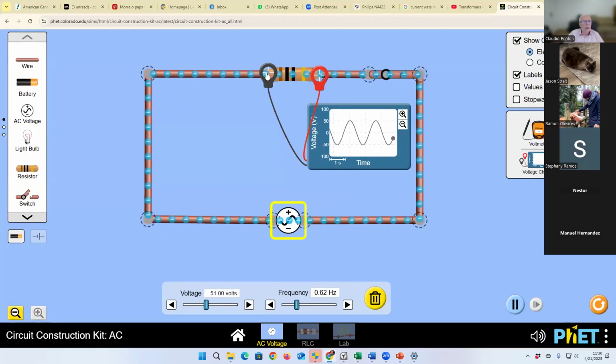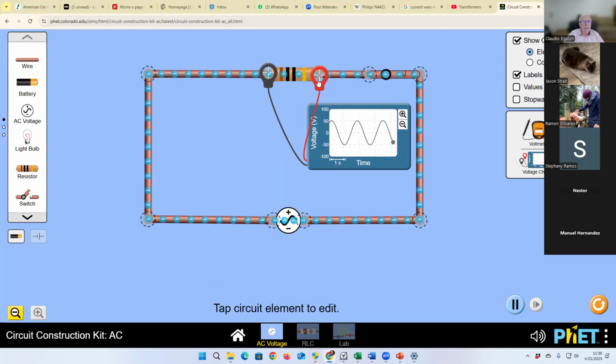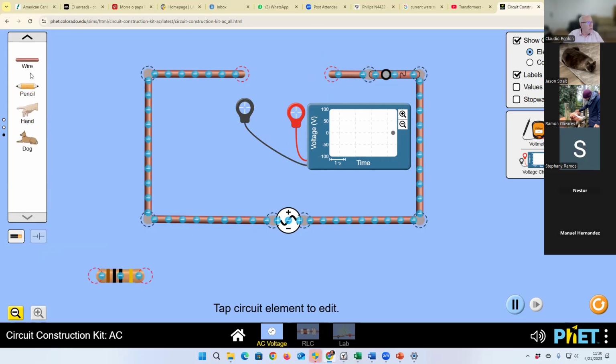Here you go. I'm going to get rid of this. Let's see. Cut it. Let's see if I can get a capacitor here. Now I'm going to put a capacitor.